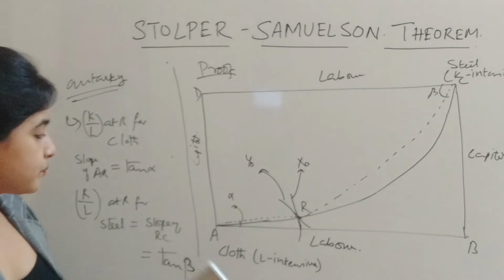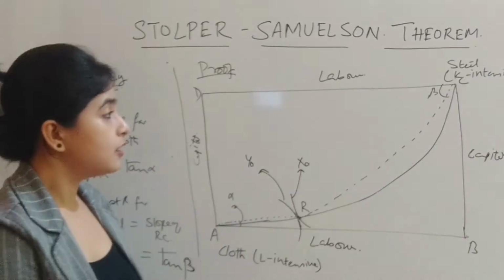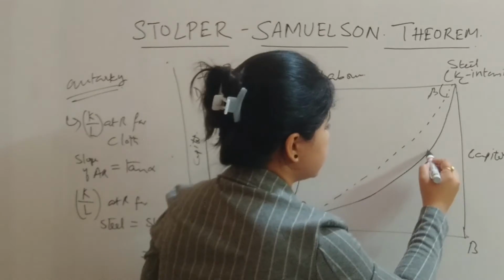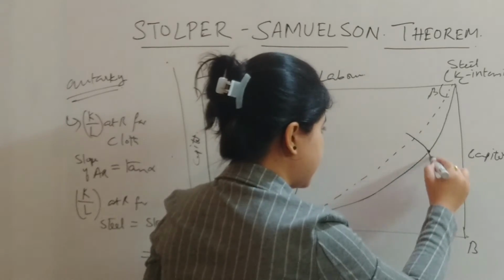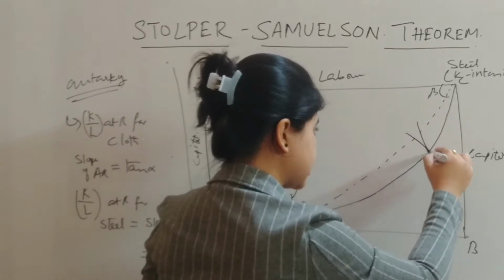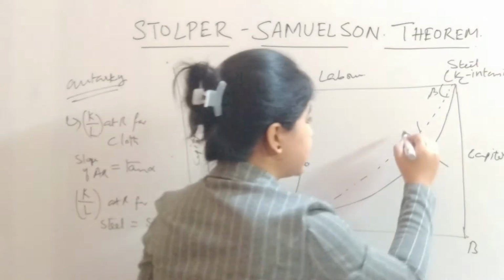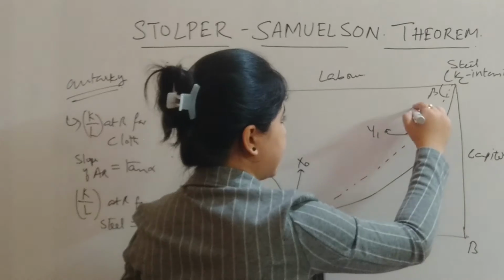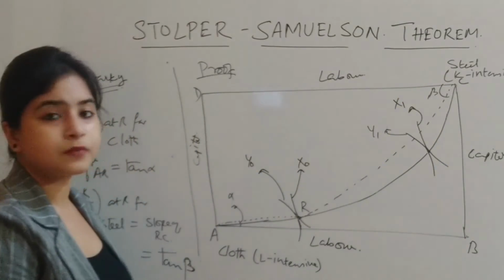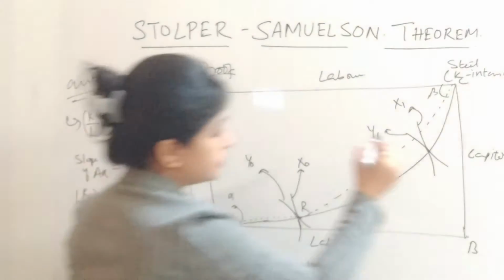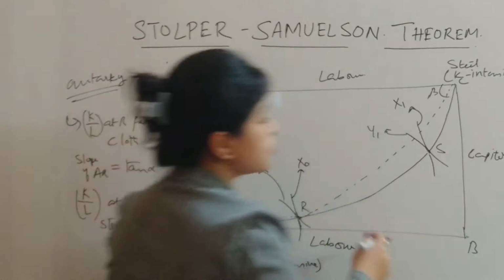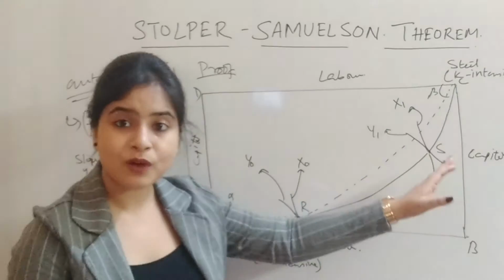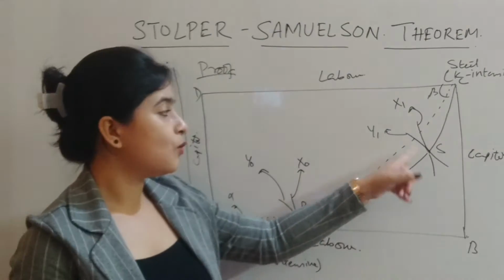So let's say after trade, the production takes place somewhere here, and this is a point of intersection of the two isoquants. Let's say this is y1 and this is x1. Let's call it point S. So point S is the intersection of a higher isoquant x1 and a lower isoquant y1.